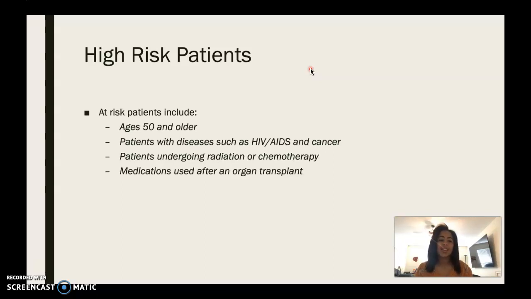And then when you get older, your T cells that remember the virus decrease their memory of the virus, and then its ability to fight off the infection is decreased, and so it is easier for the person to get shingles.